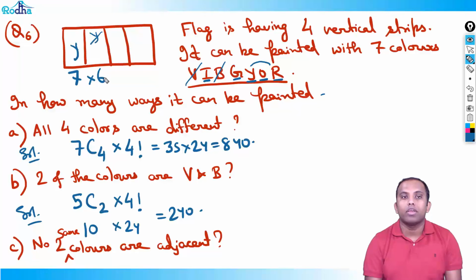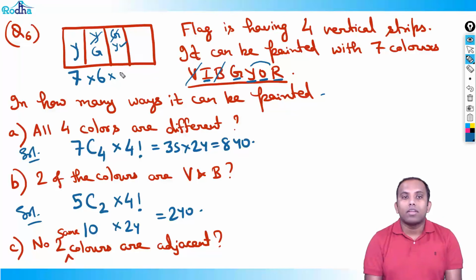Only 6 options are left, because no 2 same colors are adjacent. In the third place, suppose I have used green here. For this third place I can't use green, but I can use yellow, the color of the first stripe, because the condition is simply that no 2 same colors are adjacent.